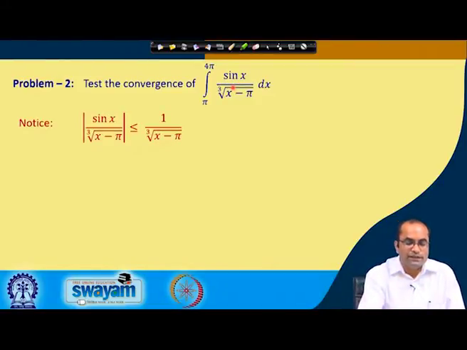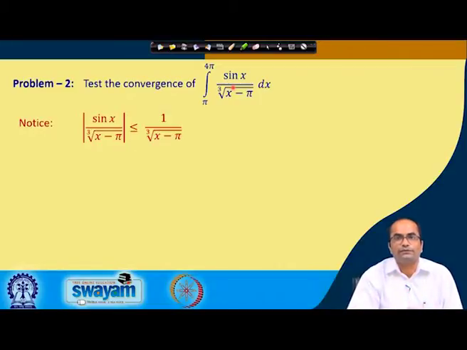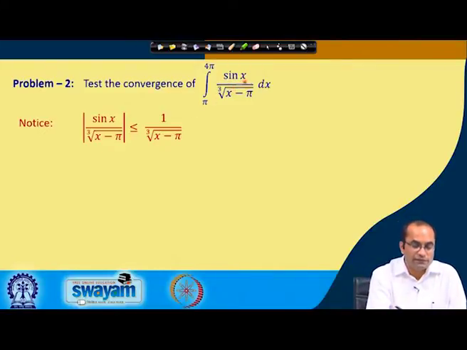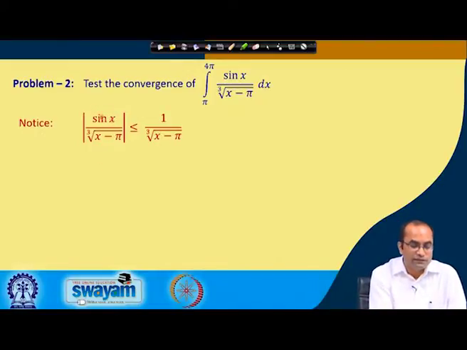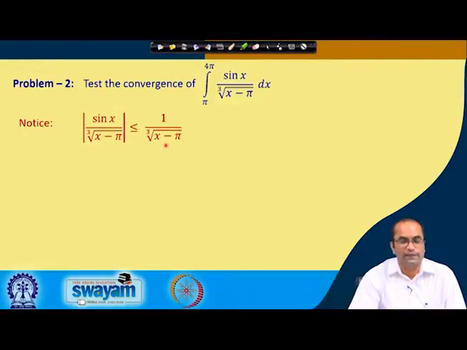If we take the absolute value of this integrand and that integral converges, we say the integral converges absolutely. In this case, even if we take the absolute value of the integrand, it is bounded by 1 over the cube root of (x minus pi), because sin x is bounded by 1.